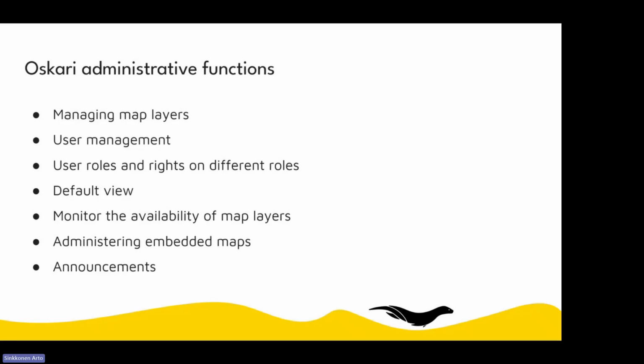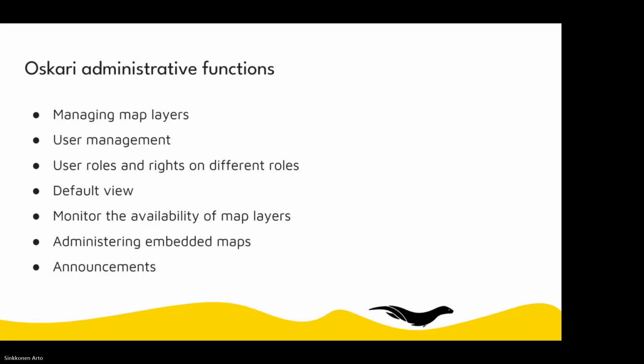And there is the question of what the default view is when you start up the Oskari service or when the user comes into it. And from an administrative point of view, there is a need to monitor the availability or potential problems of the map layers.